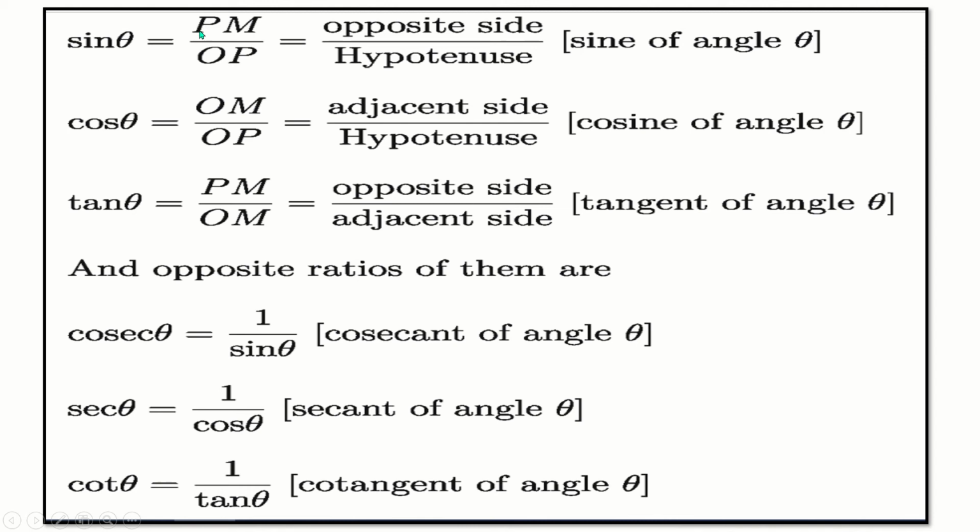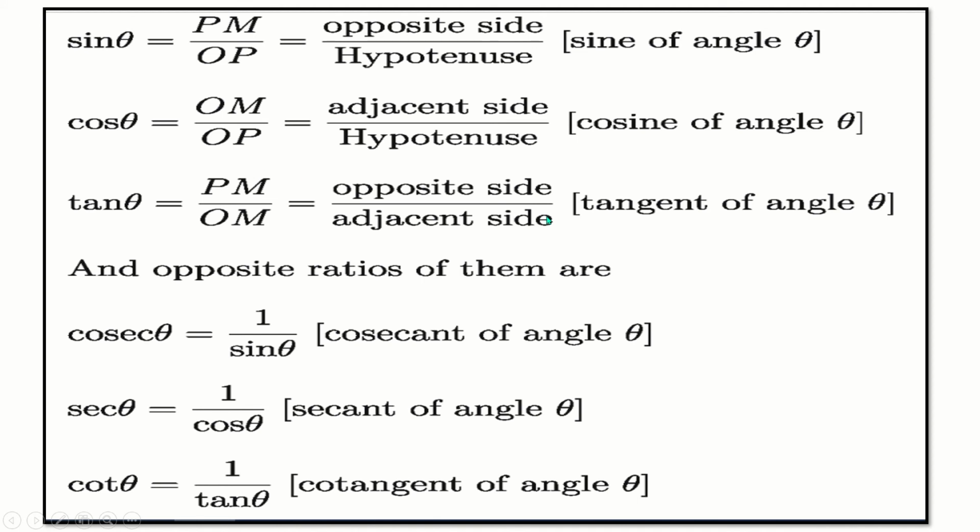That means if sin theta is equal to PM by OP, cosec theta will be OP by PM, and cos theta is equal to OM by OP, sec theta is equal to OP by OM. They are reciprocals of each other: sin and cosec theta, cos and sec, tan and cot. So here 1, 2, 3, 4, 5, 6, these are the trigonometric ratios.